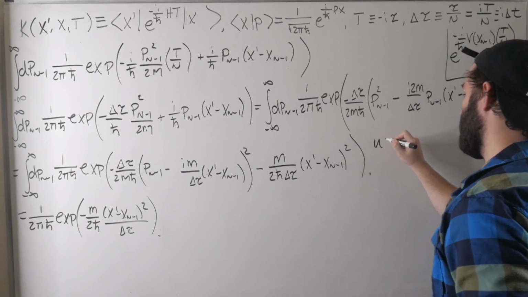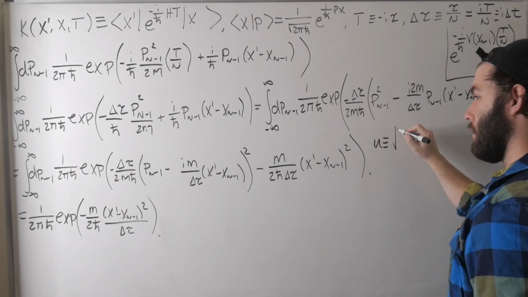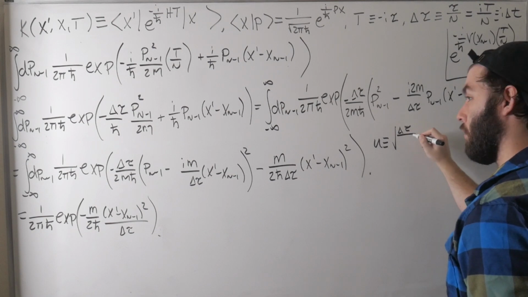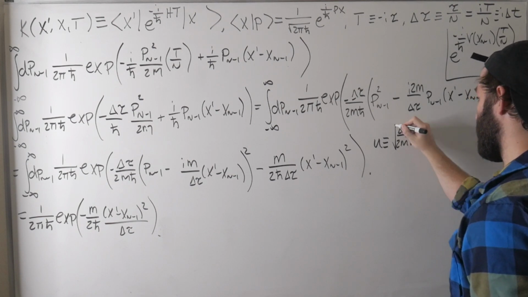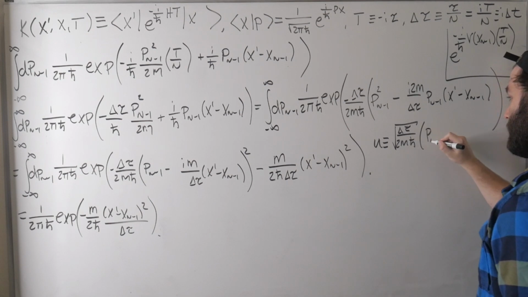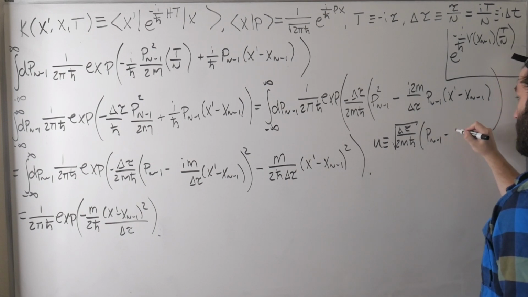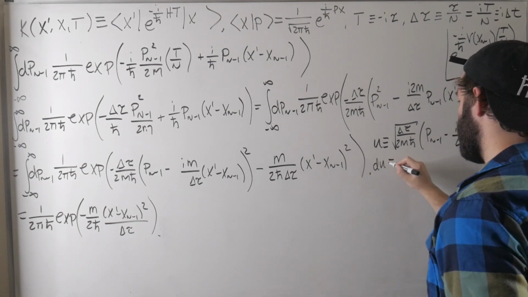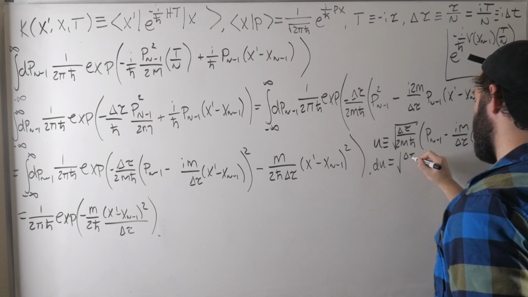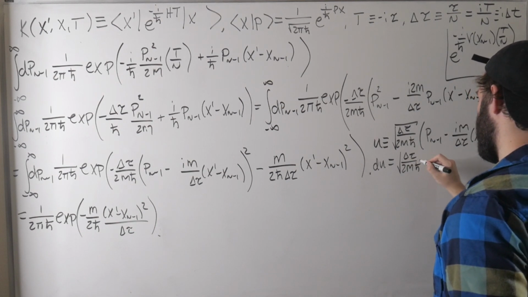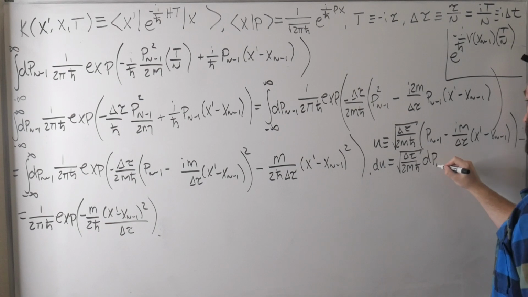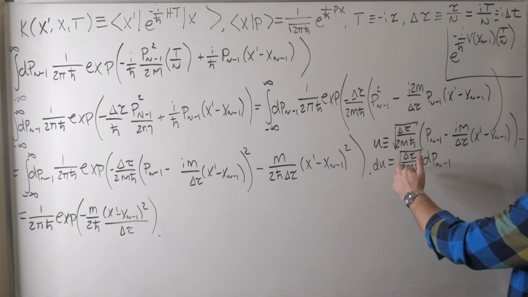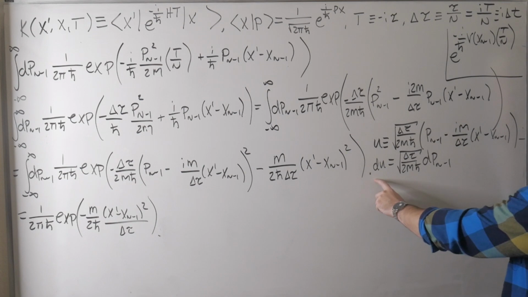So let's say that u is defined to be the square root of delta tau over 2m h bar, p sub n minus 1 minus i m over delta tau, x prime minus x sub n minus 1, and then du is just root delta tau over 2m h bar dp sub n minus 1, and we can just invert the square root to get dp in terms of du.